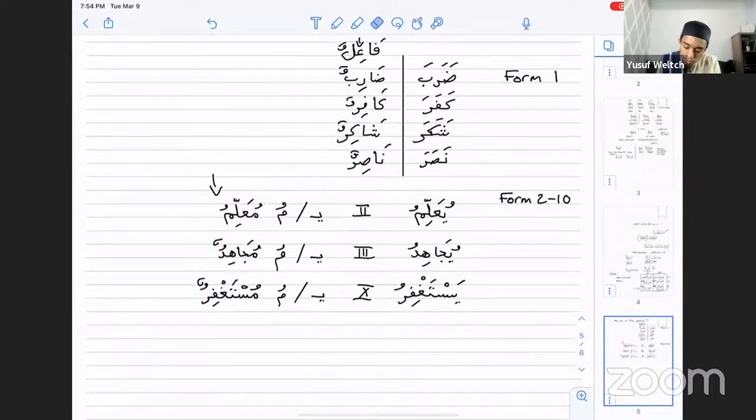And both of those are correct. So yu'allimu means he is teaching. There's a tense and there's a doer and an action. Whereas mu'allimun is a teacher, but the context is what gender? What gender is mu'allimun? Masculine. So it's masculine and singular.